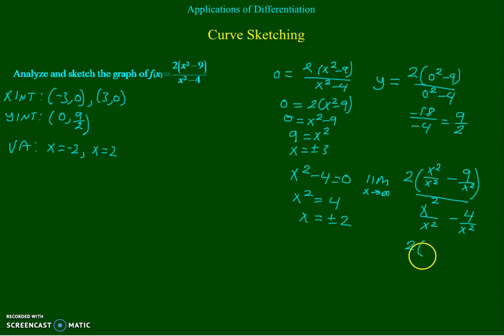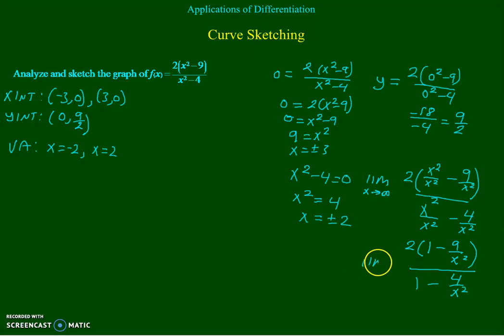So 2 times x squared over x squared is 1, and minus 9 over x squared, over 1 minus 4 over x squared.